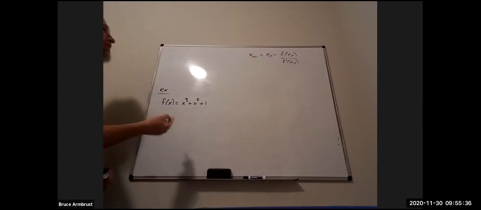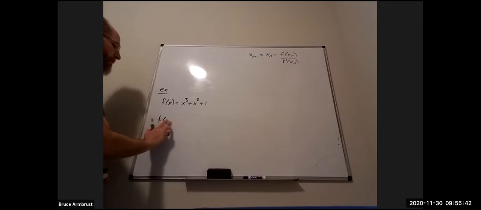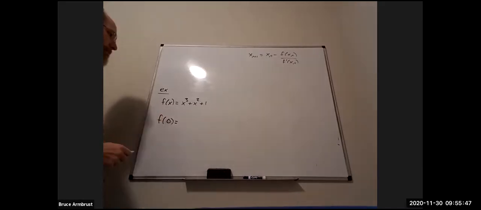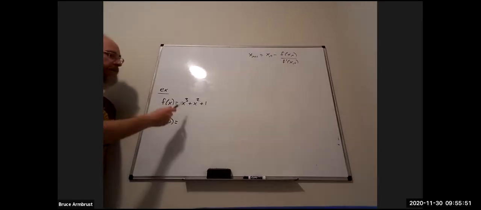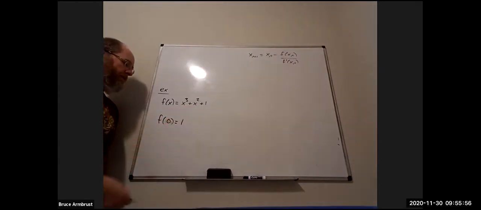All right, so for example, let's just plug in 0. What do you get if you plug in 0 into this function? You're going to get 0 cubed plus 0 squared plus 1, which is 1.